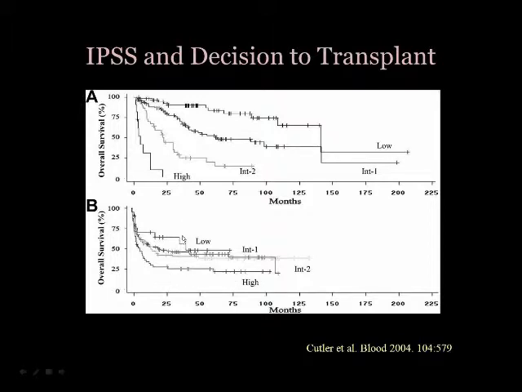You can see what happens is that the low-risk and the intermediate 1-risk patients actually seem to do worse with a transplant, whereas the high-risk and the intermediate 2 patients seem to do better with a transplant. And so generally that's what we would look at, transplanting patients who are high risk or intermediate 2 if they're young enough for a transplant, and that varies from patient to patient, but usually means younger than 65 or certainly 70 at the outside.